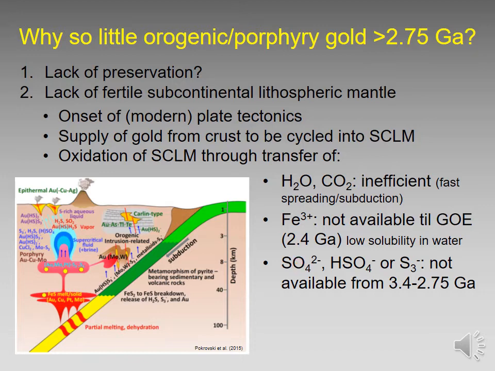That's something we know from sulfur isotope studies. So effectively, the conditions prior to 2.75 were not right for great oxidation of subcontinental lithospheric mantle, and consequently, the conditions were not right to actually form orogenic or porphyry or epithermal gold deposits, and consequently, these kinds of gold deposits could not have been the source of the Witwatersrand gold.